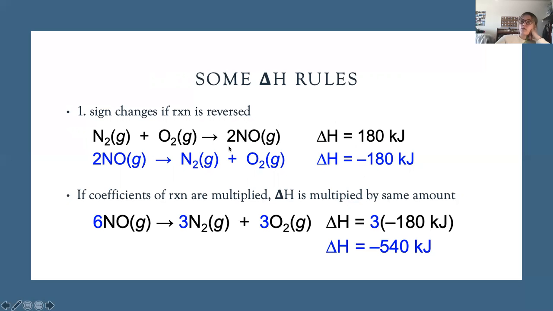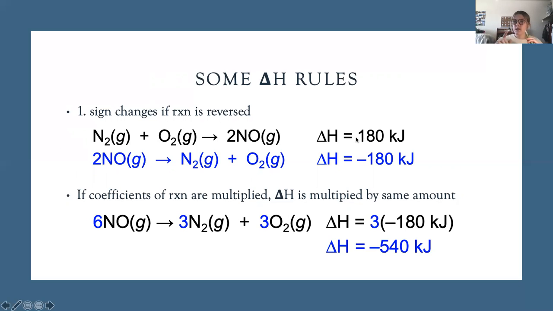And it doesn't matter what you're focusing on switching. If you switch the reactants and products either way, the sign needs to be switched. And I think the reason for that is because you're changing whether the reaction is endothermic or exothermic. So here, this reaction is endothermic.